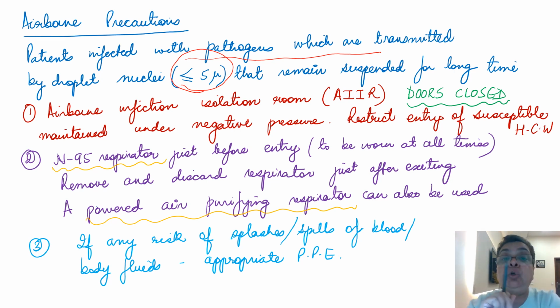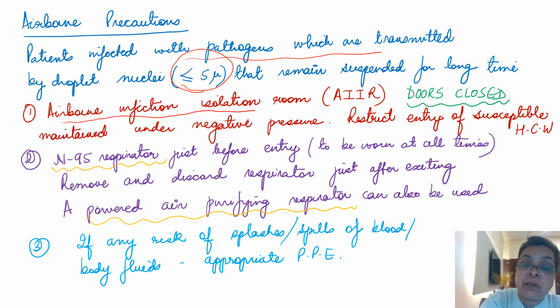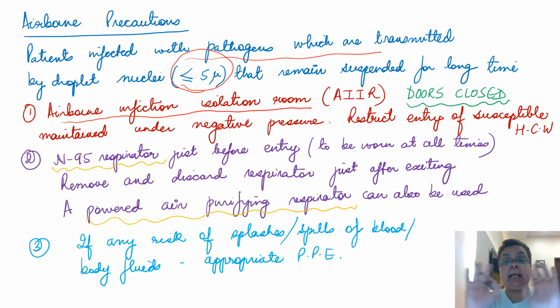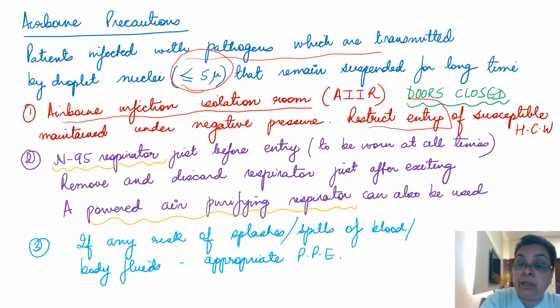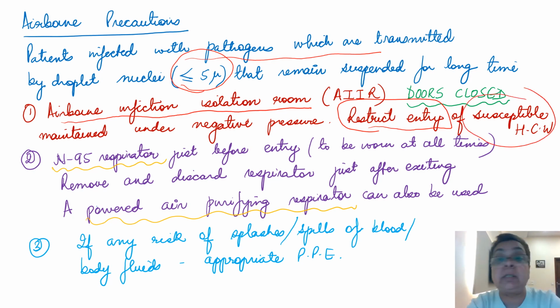Firstly, we're going to isolate this patient in a special room, which is called a negative pressure room, or now called an airborne infection isolation room. Okay, so these have self-closing doors, right? Plus there is restricted entry of visitors, and especially susceptible healthcare workers are not allowed inside these rooms.